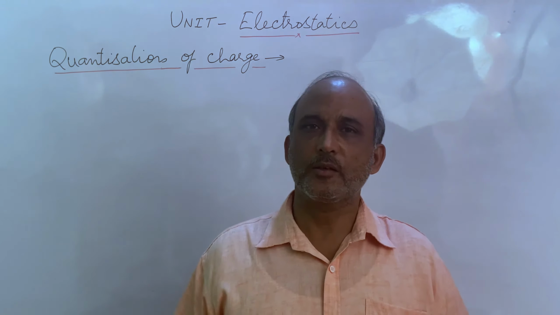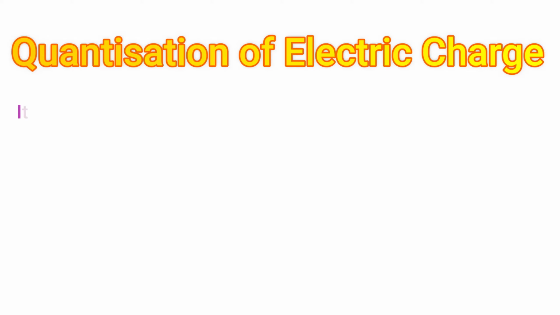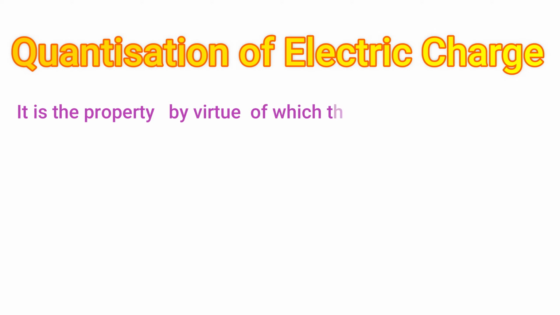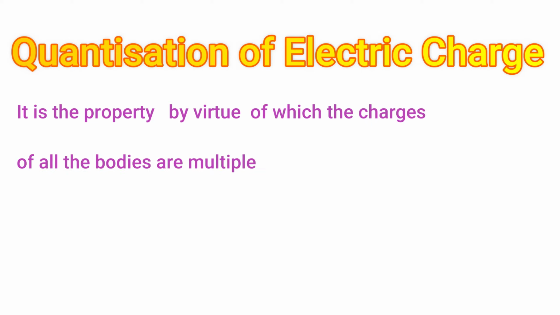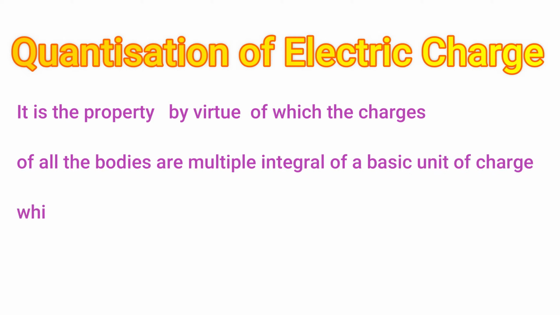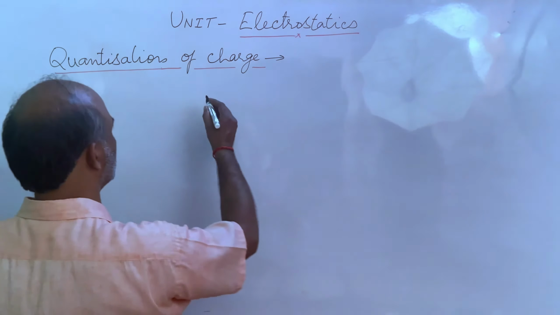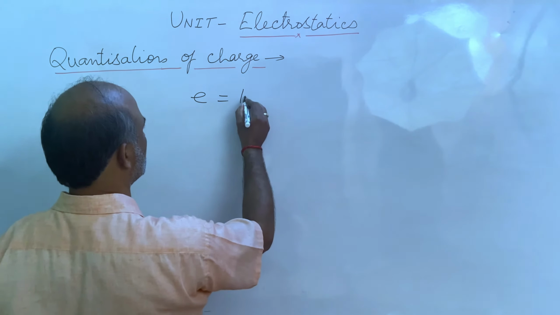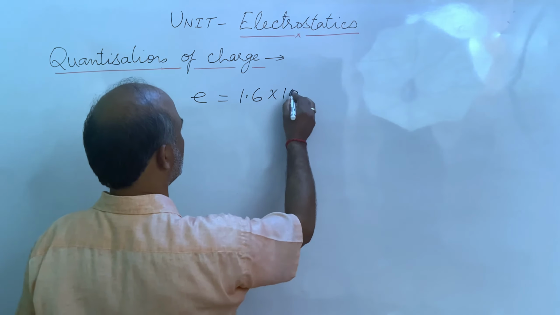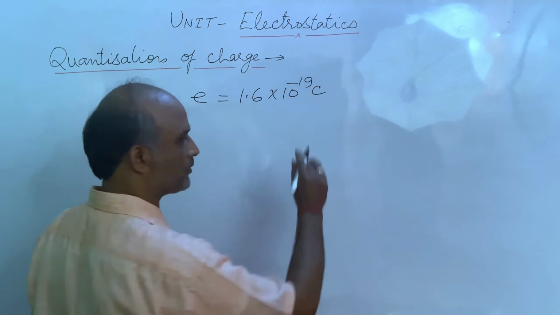The second topic is quantization of charge. It is the property by virtue of which the charges of all bodies are integral multiples of a basic unit of charge, which is equal to the magnitude of the charge of the electron. The magnitude of the charge of the electron is denoted by small e and is equal to 1.6 into 10 raised to power minus 19 coulomb.